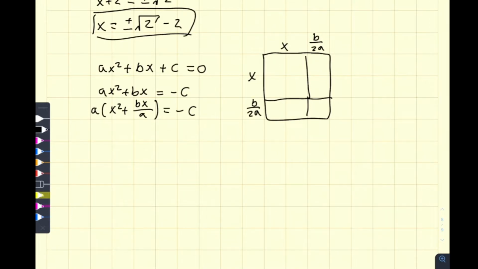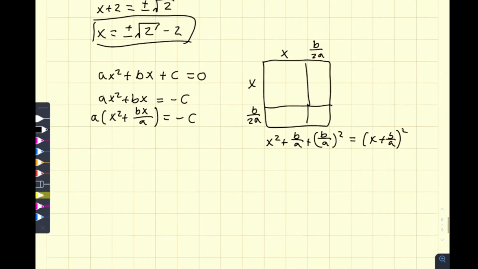So we're going to need an x squared plus b over a x plus b over a squared, which will equal x plus b over a squared. So, as you see, we kind of need this trend of adding this coefficient squared. Wait, sorry. This would be b over 2a squared. So it would be this coefficient divided by 2, squared.